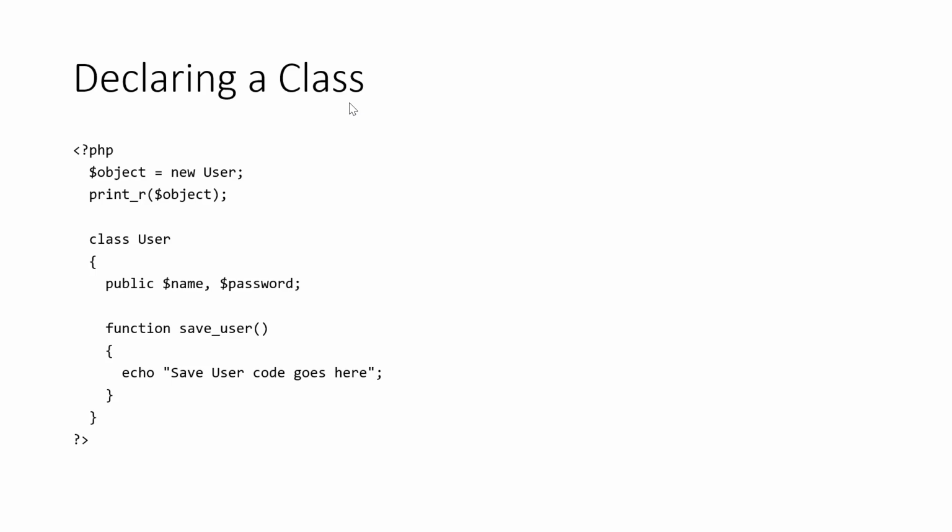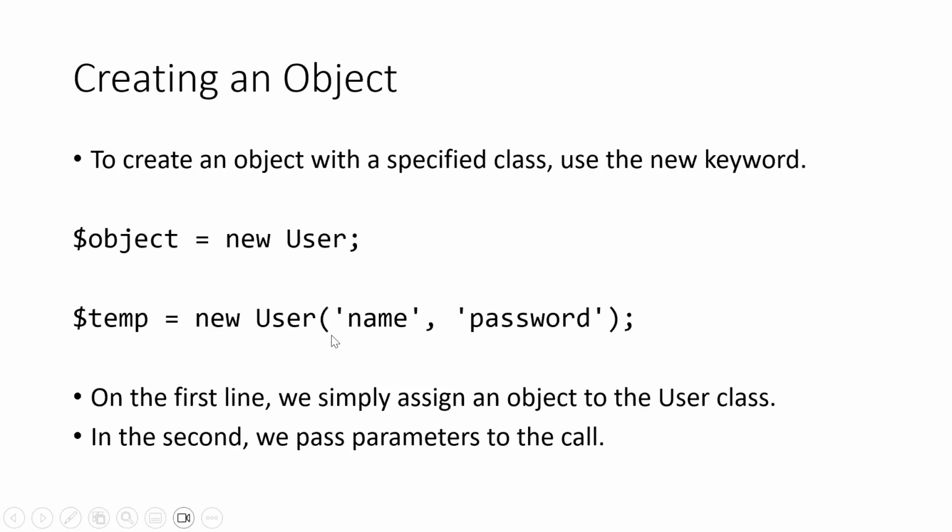Then to create an object from this class, you can say object equals new user. And in this case, you can print and observe the creation of the object.